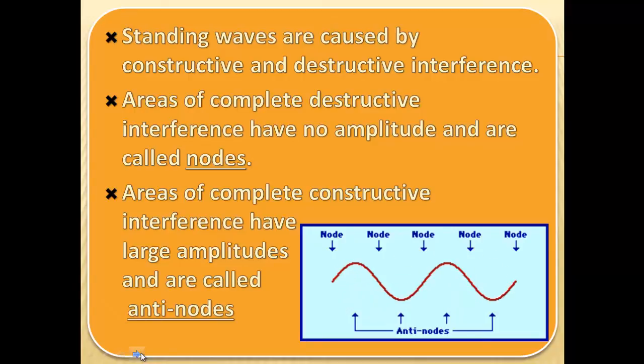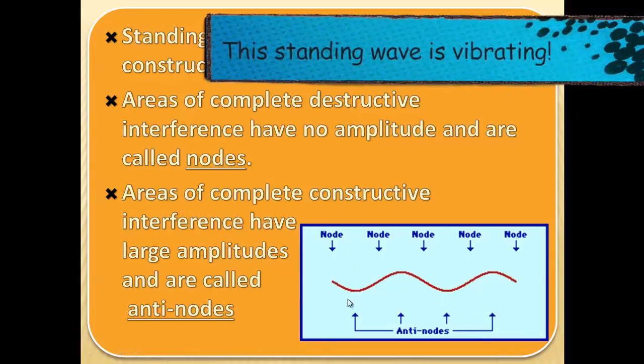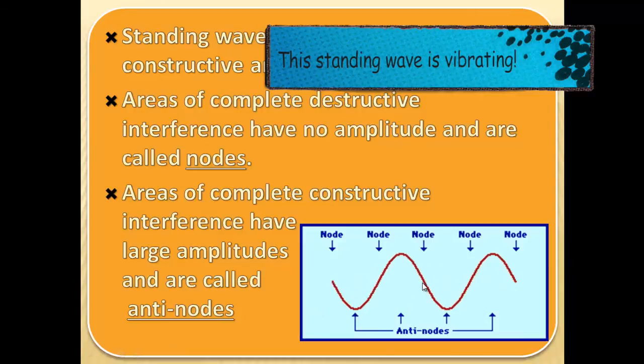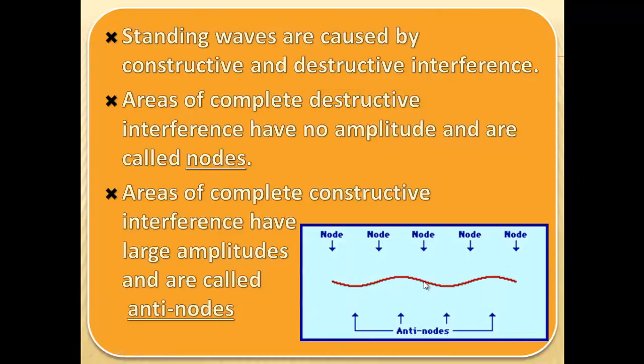But at the same time, you'll notice that the spot right here never moves up or down, because it's nothing but destructive interference, as is the case here and here and here and here. However, if you take a look at this wavefront, you'll notice that there's amplitude and there's amplitude again. So now we're dealing with the antinodes, and the same thing on the other side. So this is a typical vibrating standing wave.